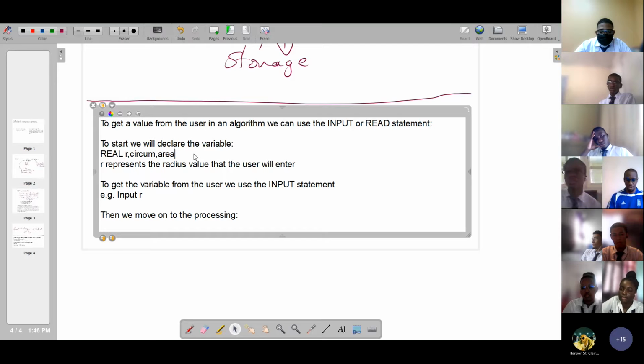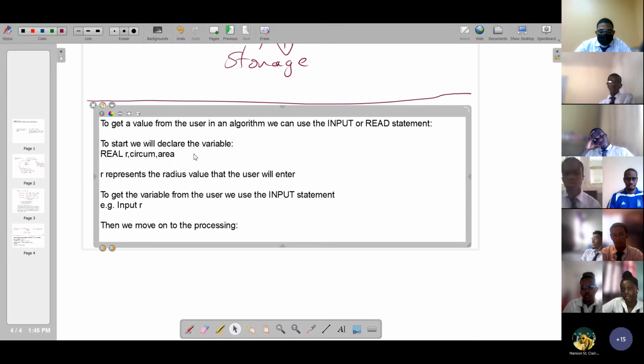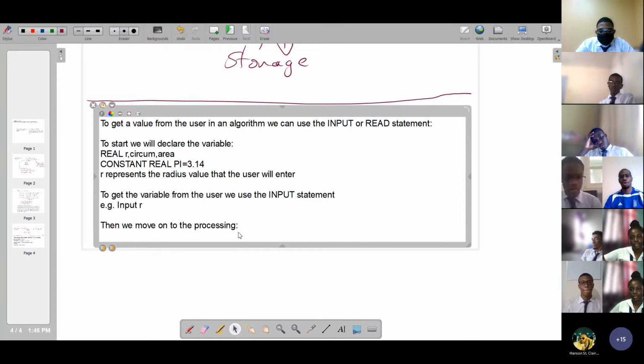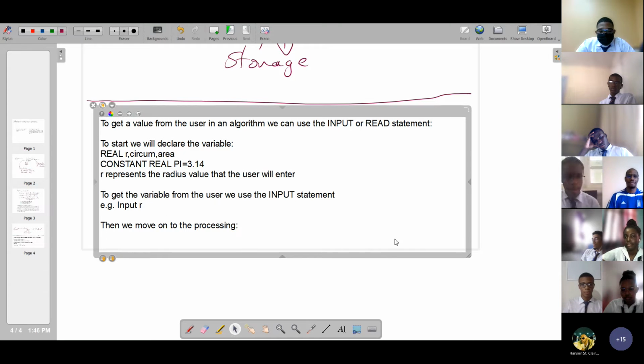And then we also have, of course, constant real pi, is equal to 3.14. All right, so we have pi, and then we could say circum is equal to 2 pi r, 2 multiplied by pi multiplied by r.